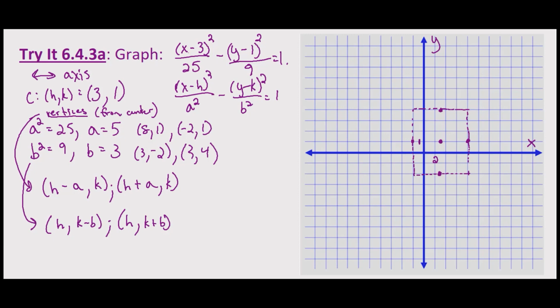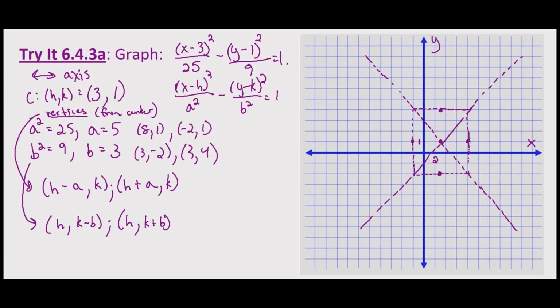To draw in our asymptotes, and then remember, because the x squared term is first, we know it opens left to right.